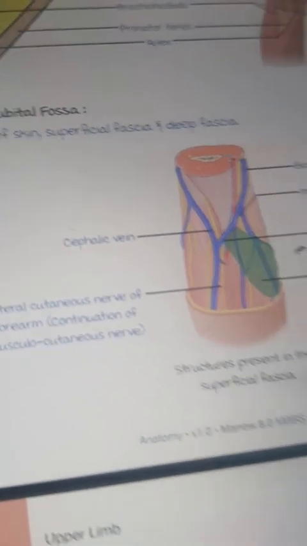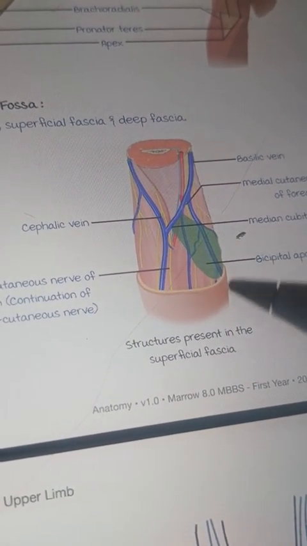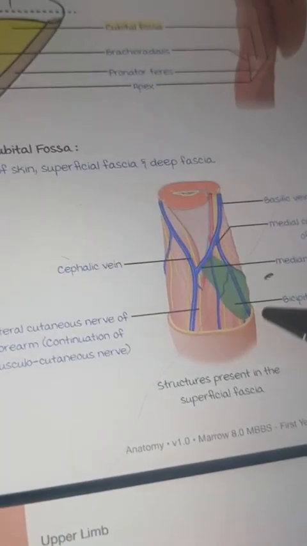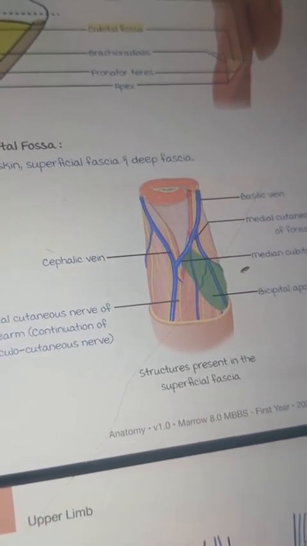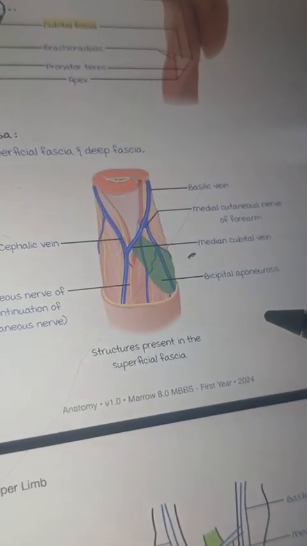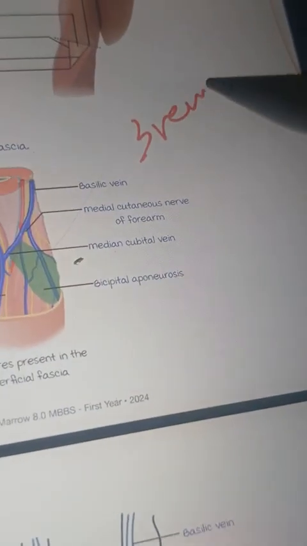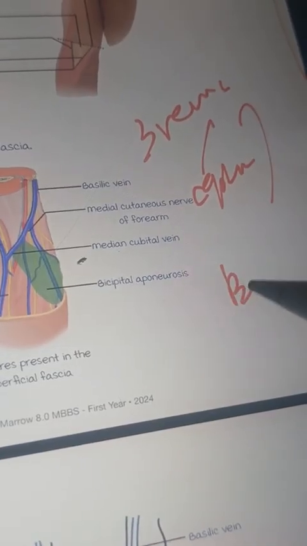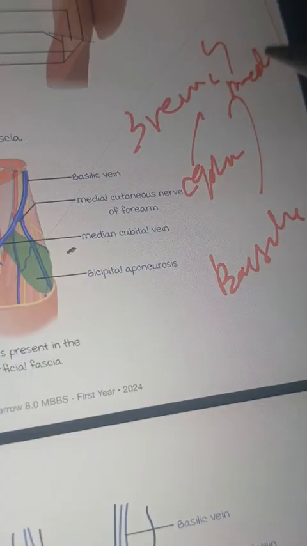And we have the lateral cutaneous nerve of the forearm. So we have the medial cutaneous and lateral cutaneous nerves, the cephalic vein, the basilic vein, and the medial cubital vein. So we have three veins: the cephalic vein, the basilic vein, and the medial cubital vein.